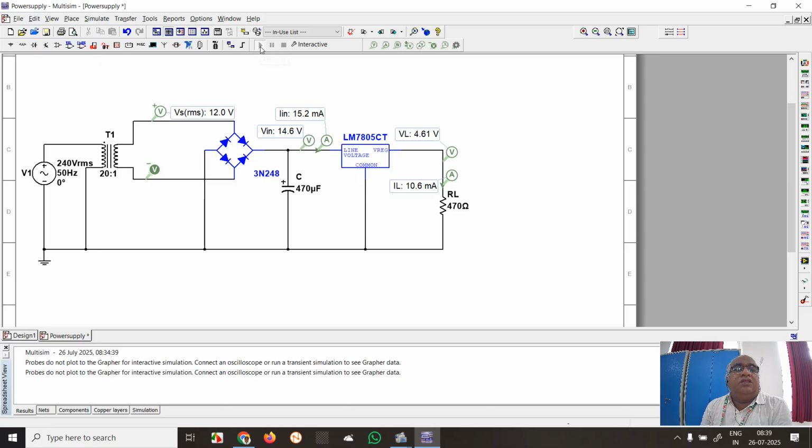Again I simulate. It takes some time because the simulation is lagging, especially the first time.